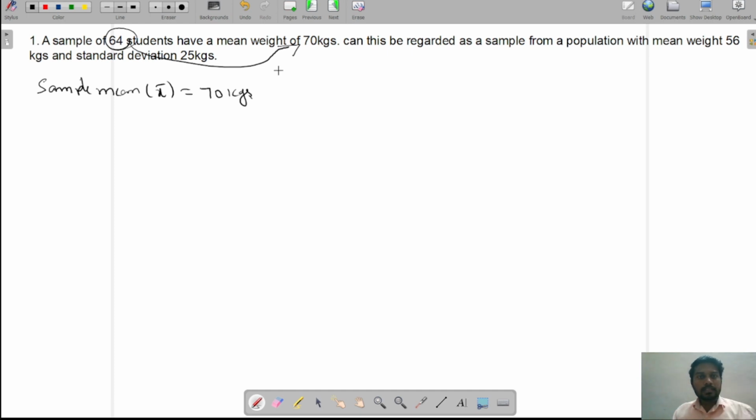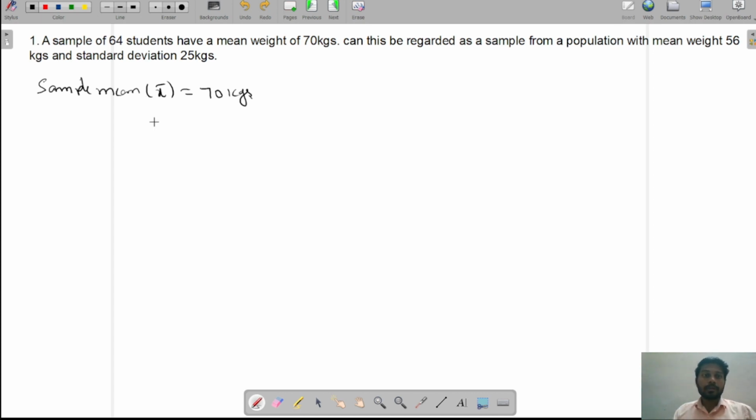So this is the sample mean only, because the population size cannot be given in the question and cannot be predicted.